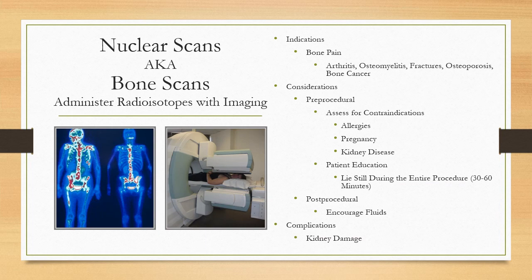Okay, so let's talk about a bone scan. A bone scan is what I mentioned before. We're looking for an abnormality within the bony system of the patient. Whether it's a fracture that we just can't see on x-rays, but we still suspect it, or we want to see if there's any metastatic cancer to the bones.